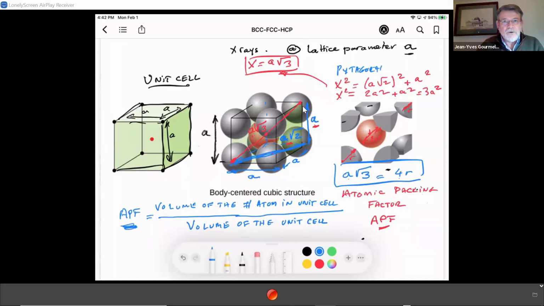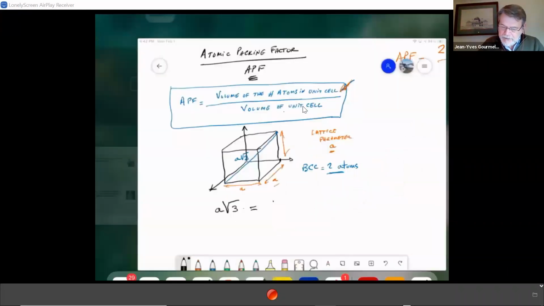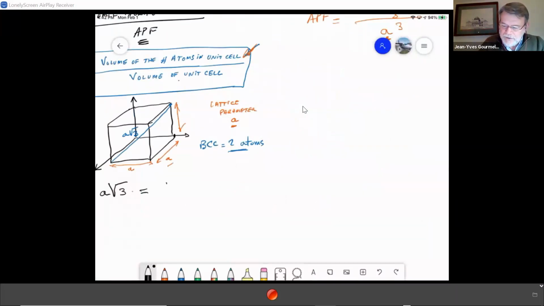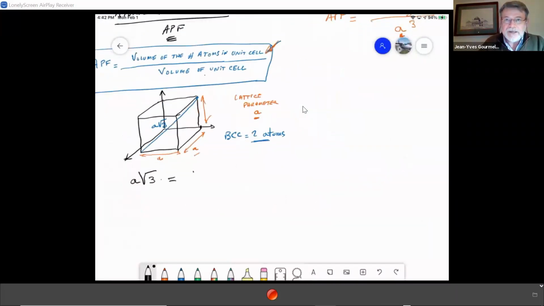Okay, now we can proceed to solve. I'm switching back to the whiteboard. And remember, we found A root 3 equals 4R, 4 radiuses of atom.